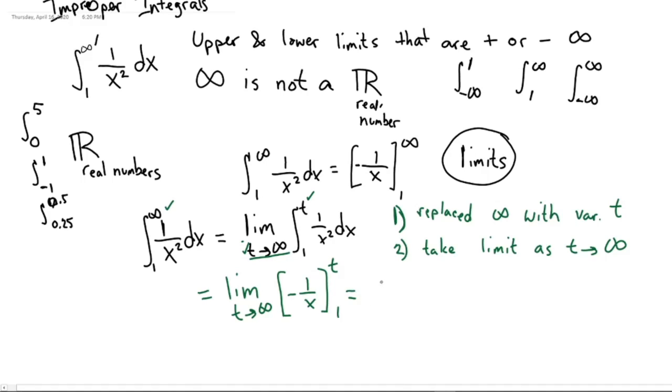So this will be equal to the limit as t goes to infinity, and now you'll have negative 1 over t minus a negative 1 over 1. And now we can insert infinity into this. Negative 1 over infinity minus negative 1 over 1.